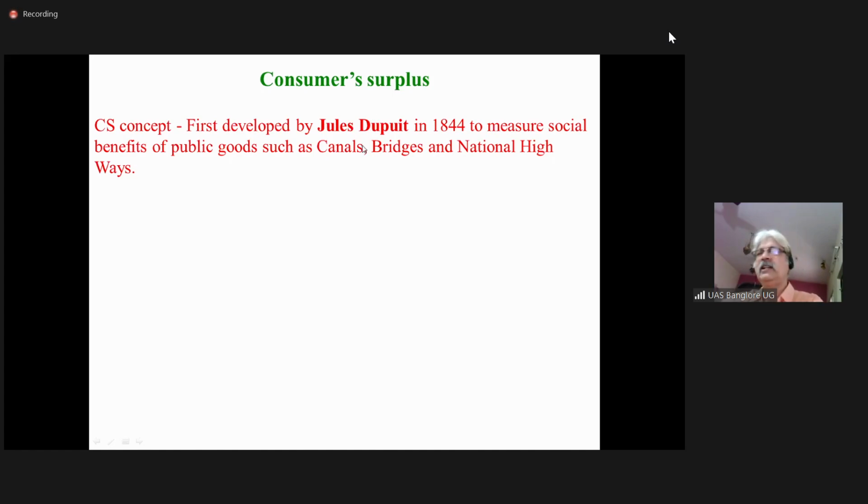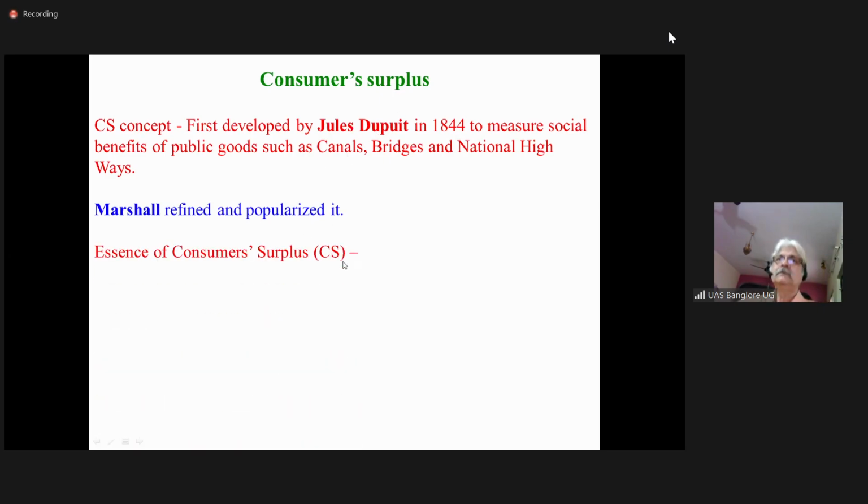We frequently come across the name of Alfred Marshall. So Marshall refined this consumer surplus concept and popularized it. Now, what is the essence, the gist of consumer surplus?